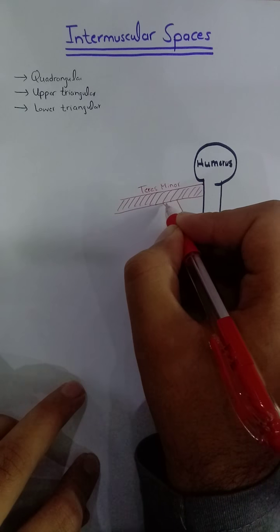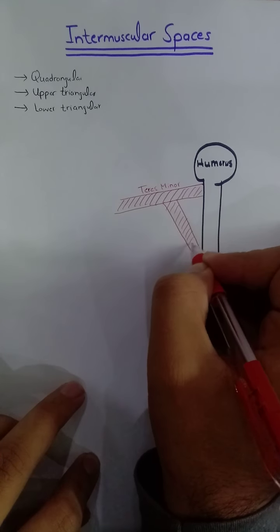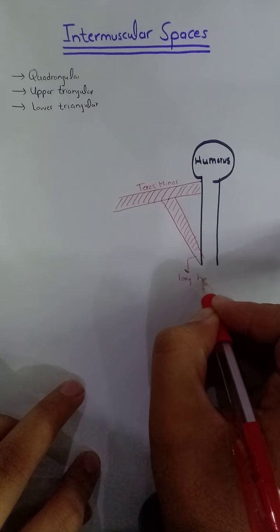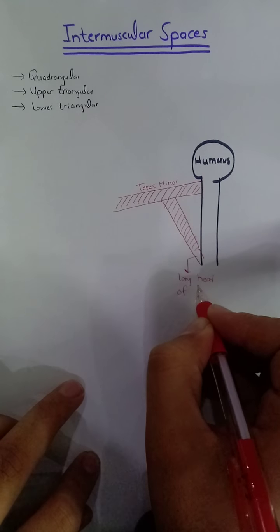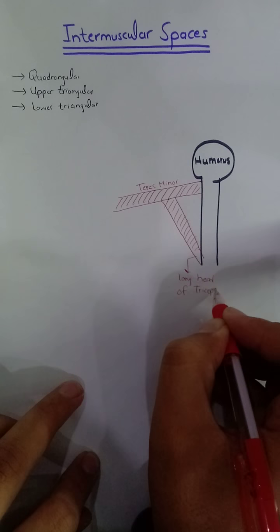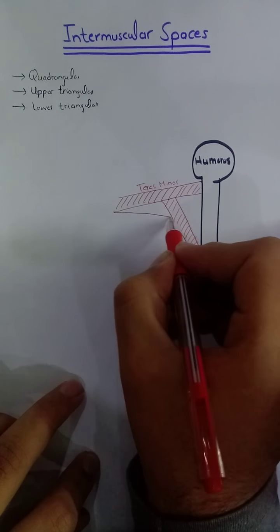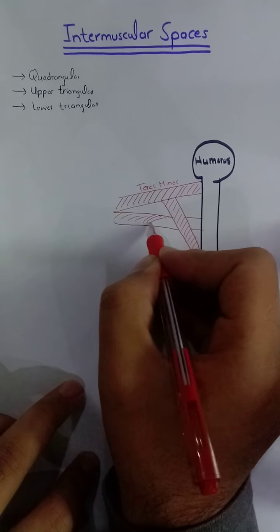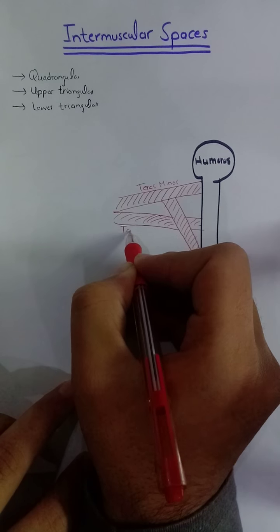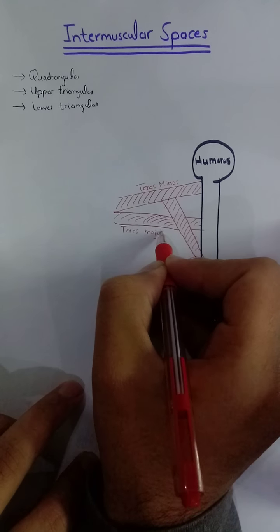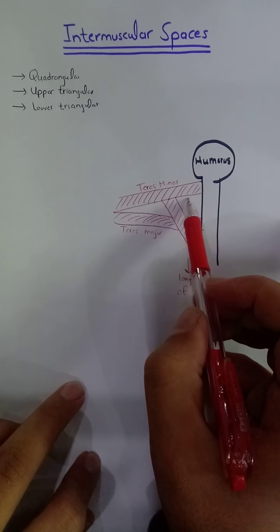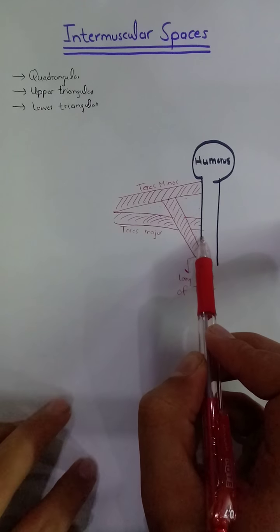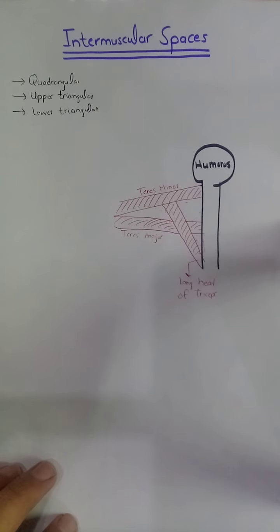This will be the long head of triceps muscle. The third and the last muscle will be the teres major muscle. And now here are the three spaces. This will be the quadrangular space, this will be the upper triangular space, and this one will be the lower triangular space. Now we will see the boundaries of these spaces.